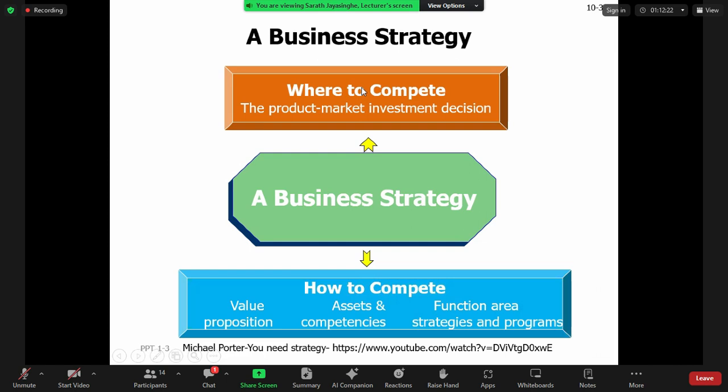Here, what to do, in which market, which product we are investing. Here, how to do that. So how to do means that we have to plan our product, design our product, value proposition. Then how to compete: assets and competencies. We have to acquire some assets and we have to develop some competencies. Then functional area strategies are there. We have to develop those strategies, marketing strategies.